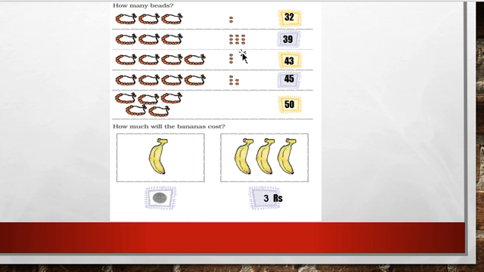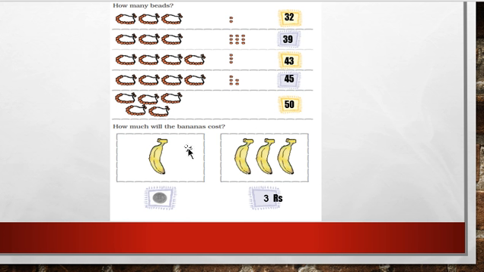Again 30 plus 9, 39 beads. 4 garlands with 3 loose 43, 4 garlands with 5 loose beads 45, and 5 complete garlands having 10 beads in each together forms 50 beads.